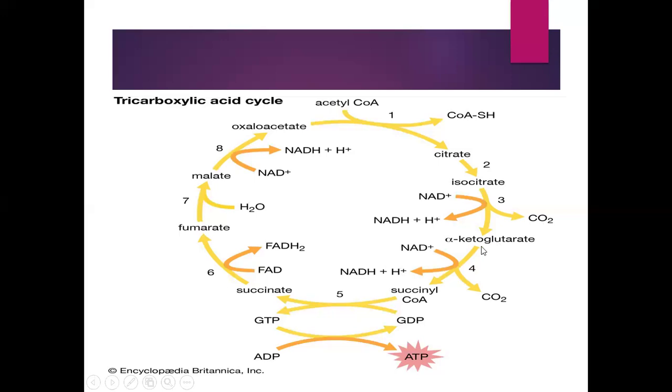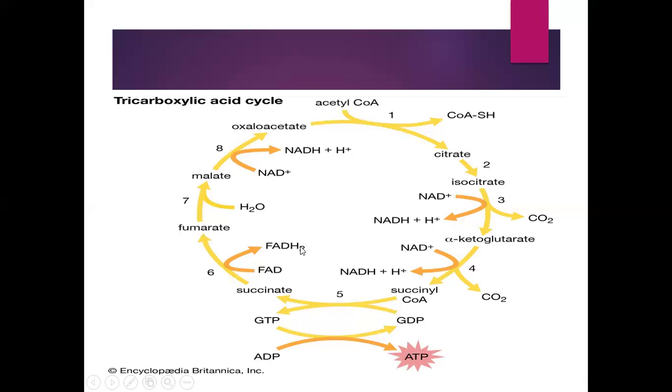Alpha ketoglutarate produces succinyl-CoA. There's also the release of carbon dioxide and the production of NADH. Succinyl-CoA converts to succinate and GTP is produced, which is either GTP or ATP. This is adenosine triphosphate produced from GTP. Now, succinate is oxidized.